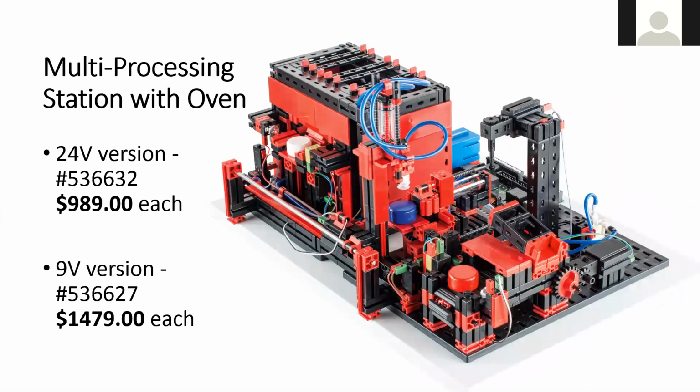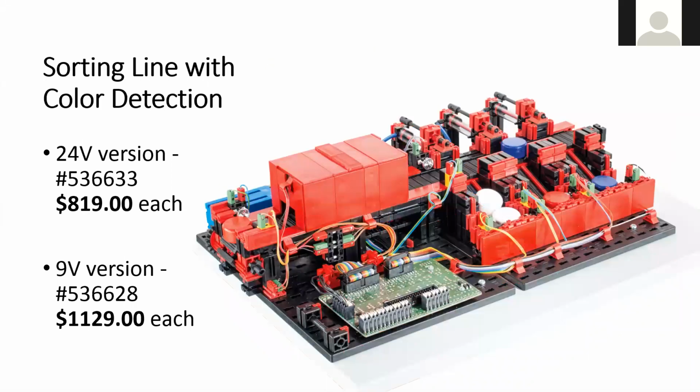Multi-processing station with the oven. In the 24-volt version, these are $989 each, and in the 9-volt version, these are $1,479 each. Sorting line with color detection. The 24-volt version is available at $819 each, and the 9-volt version is available for $1,129.